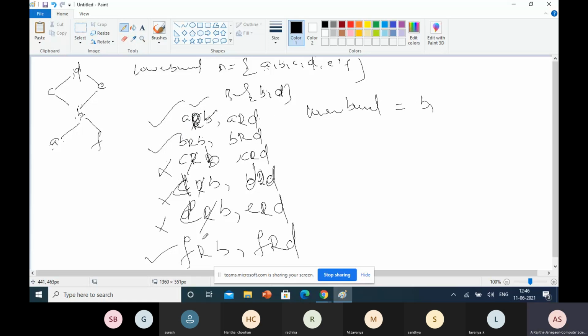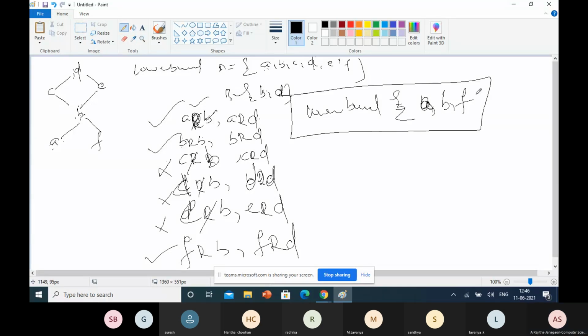Then next A, B, F. Lower bounds are A, B, F. So what is the greatest lower bound?